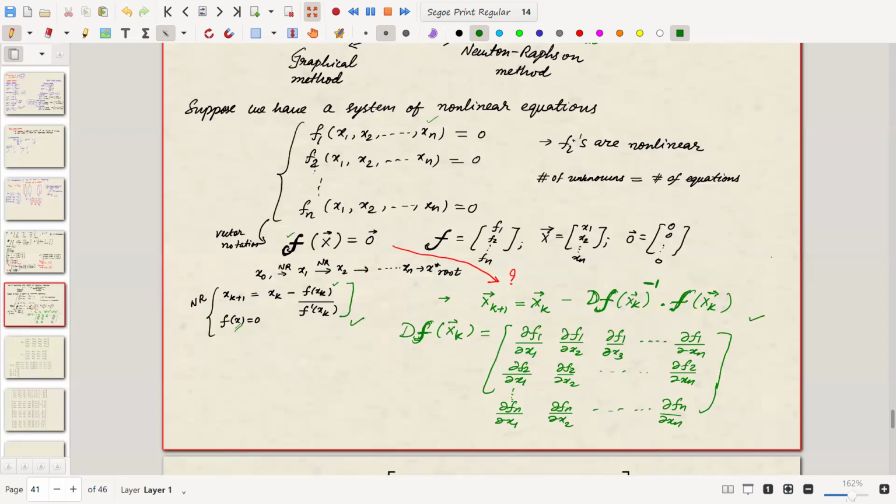Now you know the solution, isn't it? If you are given a system of nonlinear equations, just apply this red bracketed iterative scheme, and you are done. And you can solve.